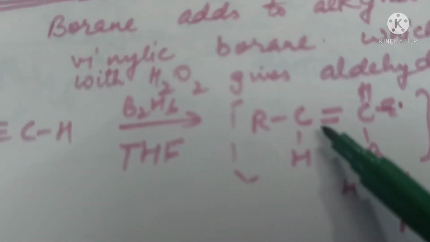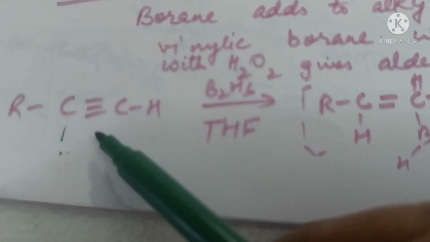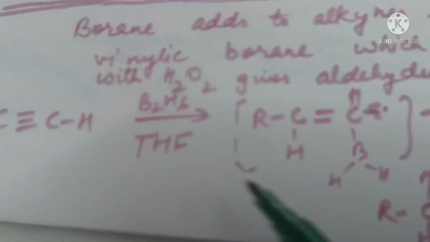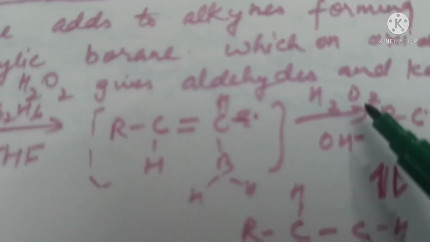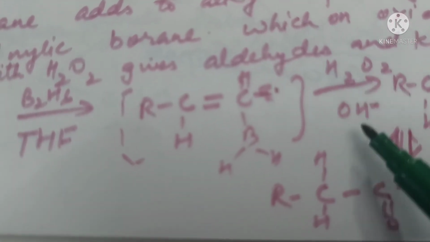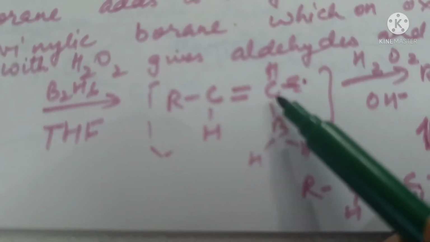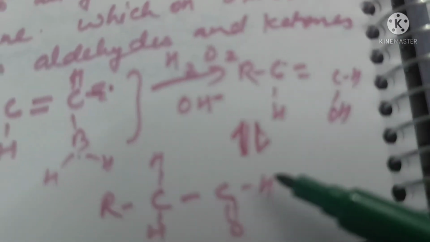So this triple bond is reduced to double bond. The one bond breaks, H is added here, BH2 is added here. When we carry out its oxidation using hydrogen peroxide in presence of alkali, then OH gets attached here. Then again tautomerism, and hydrogen will move here and these electrons will move here. So double bond oxygen is formed. So aldehyde is formed.